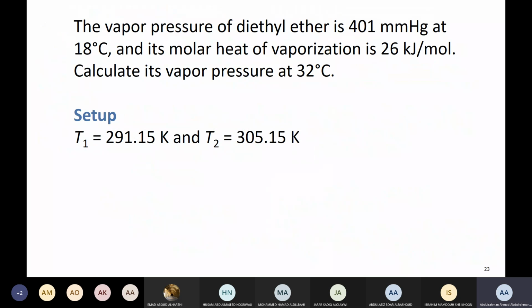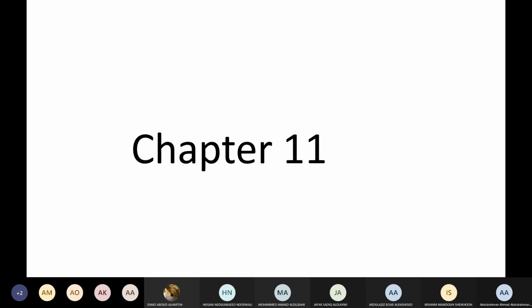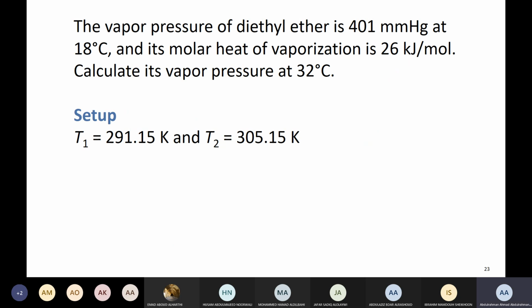Chapter 11 very quickly. Okay, the vapor pressure of diethyl ether is 401 millimeter Hg at 18 degrees C. The molar heat of vaporization is 26 kilojoule per mole.